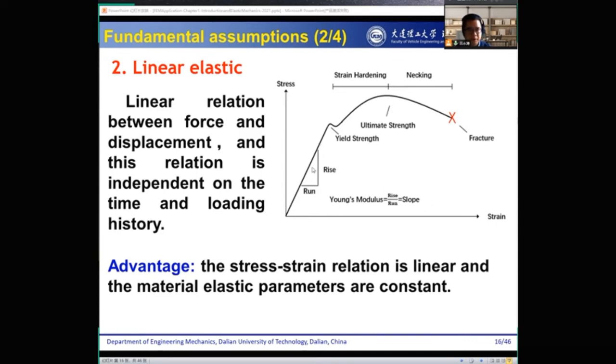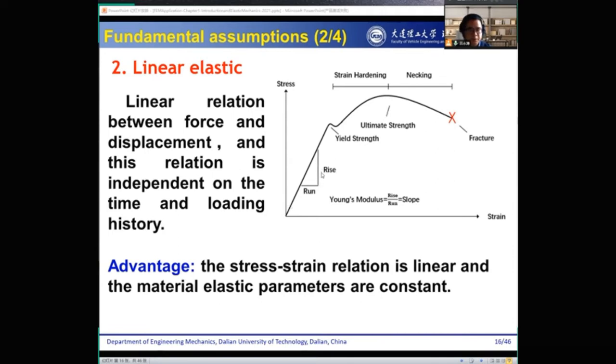We have the elastic region, then the yield point, then the plastic region, and then the fracture. For metal, the elastic region is linear, and for some other materials like rubber or soft tissue, the elastic region is non-linear.